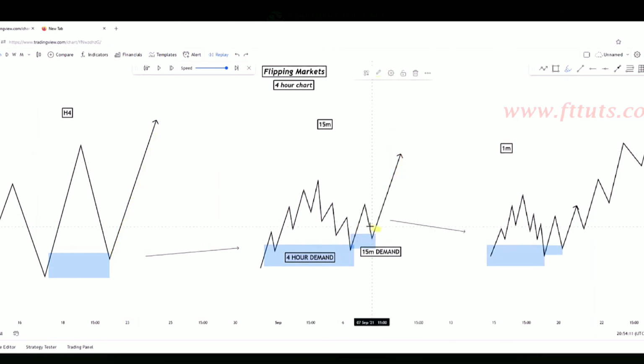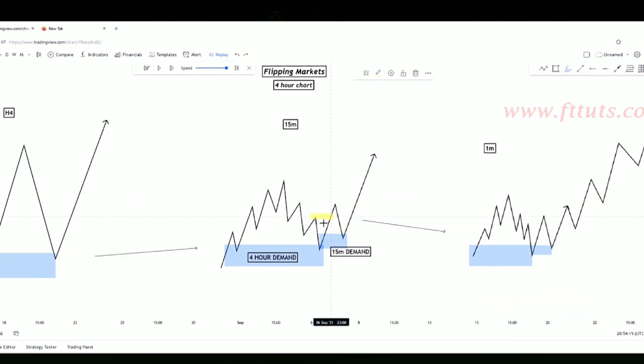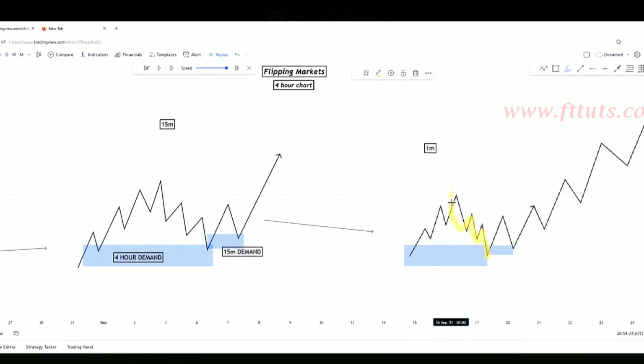Okay, let's break down this tap of the zone on the 1-minute chart. After the 50-minute change of character and the 50-minute demand zone has been created, price tapped into this zone, and this upside movement will look like this on the 1-minute chart, and this downside movement will look like this on the 1-minute chart also, creating a series of lower lows and lower highs.